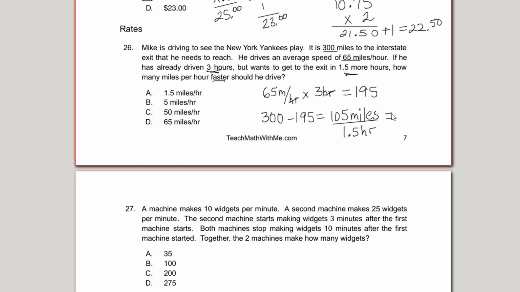And let's see what that gets as his rate. If we take 105 divided by 1.5, I get 70 miles per hour. That's how fast he should go from here on out. So that's going to be an increase from 65 of 5 miles per hour. So that would be answer choice B.